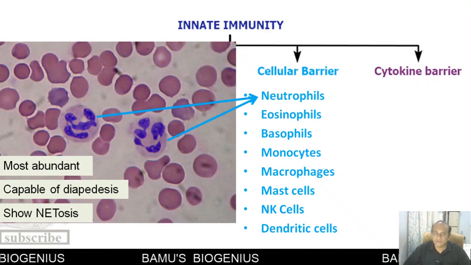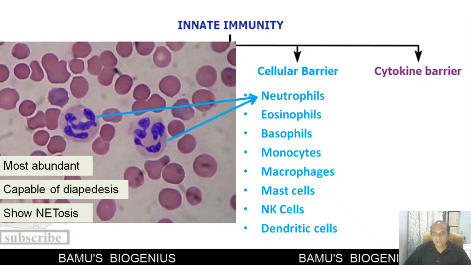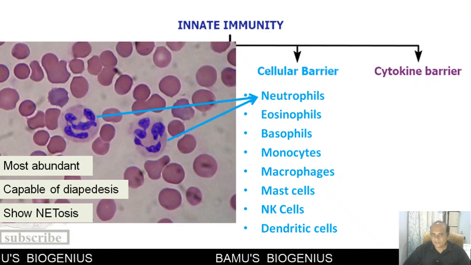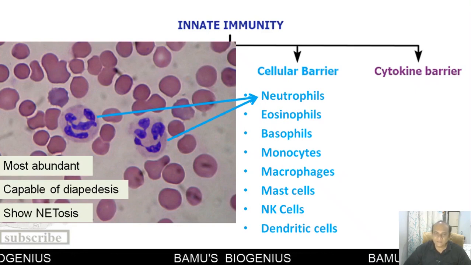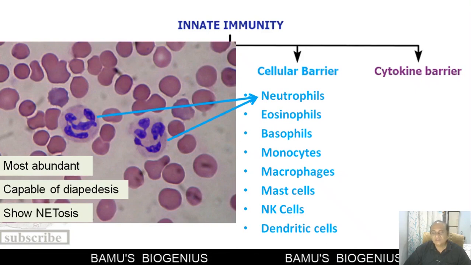Another very astonishing feature of neutrophils is that they are capable of NETosis. NETosis means neutrophil extracellular traps. We can say that neutrophils have the capability of vomiting out chromatin material around a pathogen, and this chromatin material forms a net-like structure which entraps these pathogens.